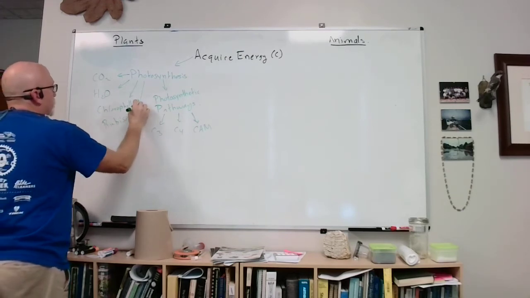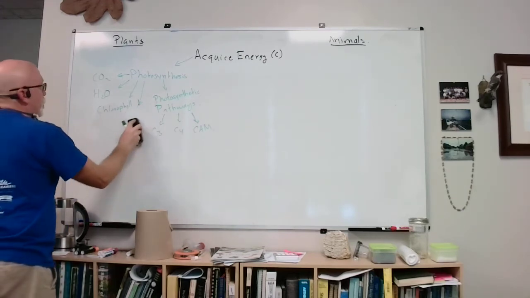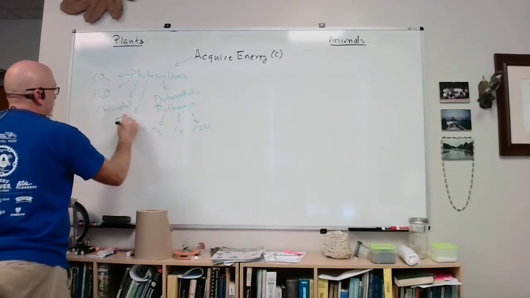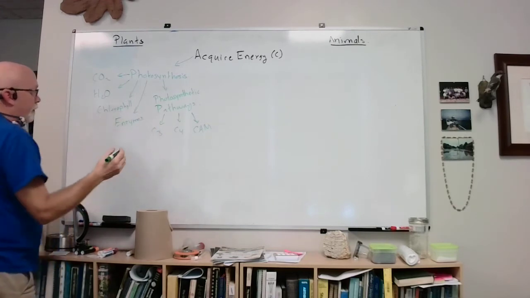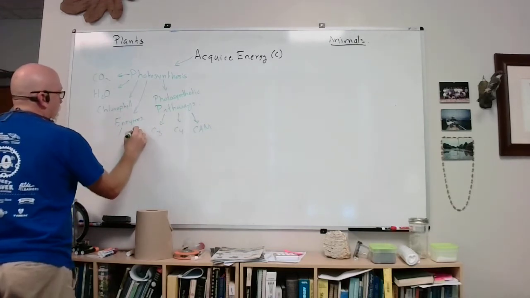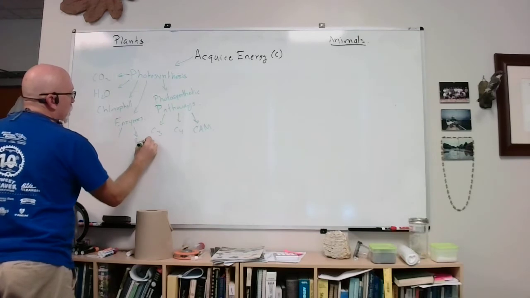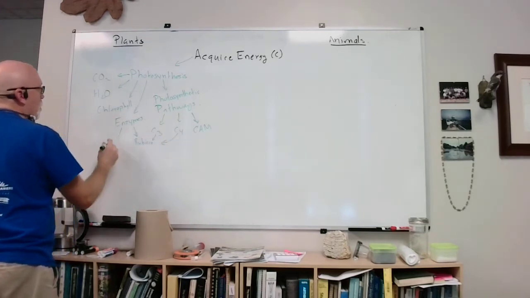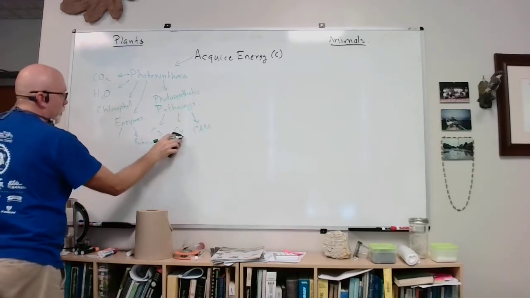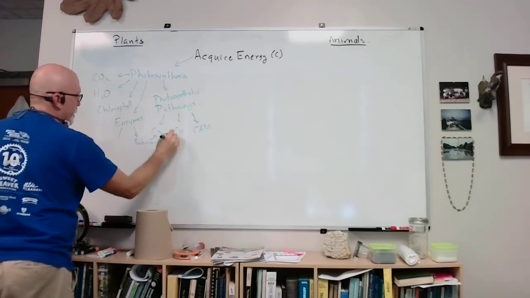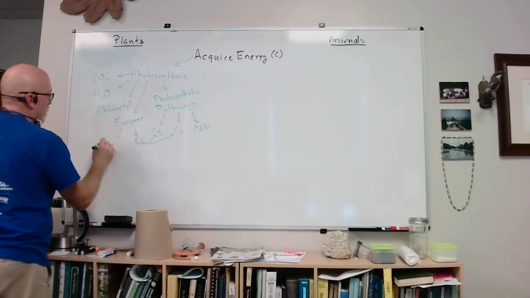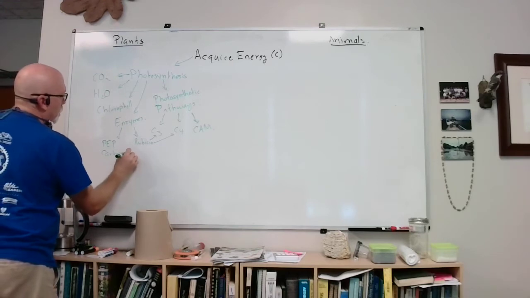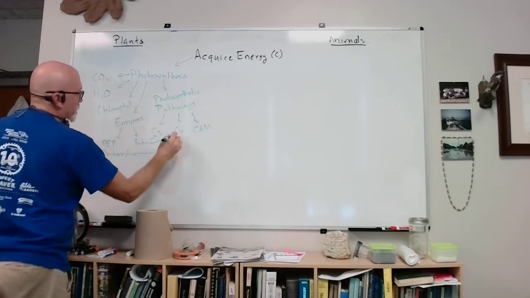Once again, we could graph this differently by saying it requires certain enzymes that are involved in the fixation of carbon. Some of these enzymes are rubisco, which we see both in C3 and C4 plants, but there's another enzyme called PEP carboxylase that is only in C4 plants.